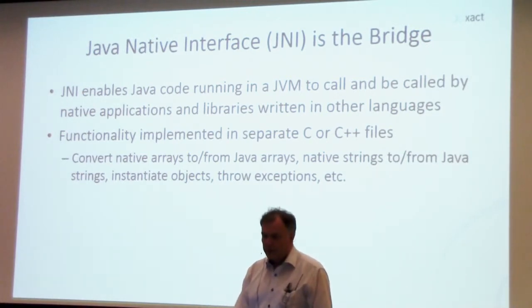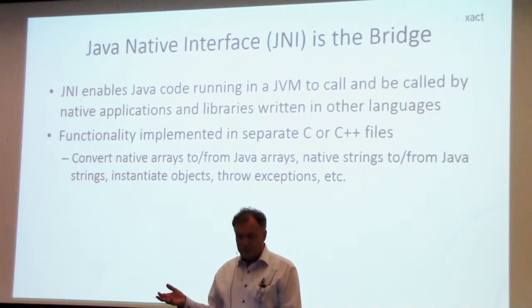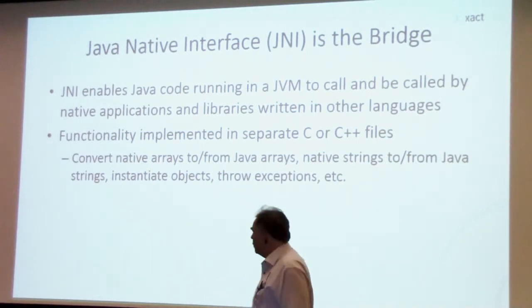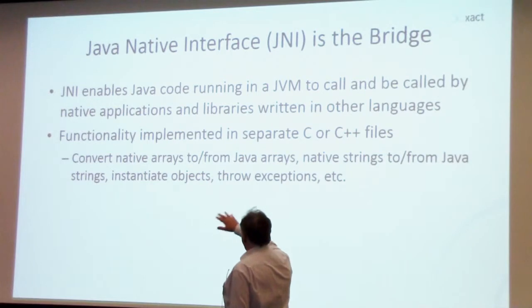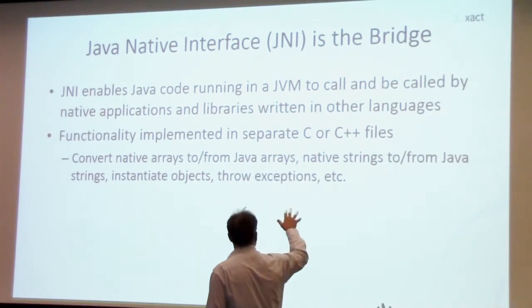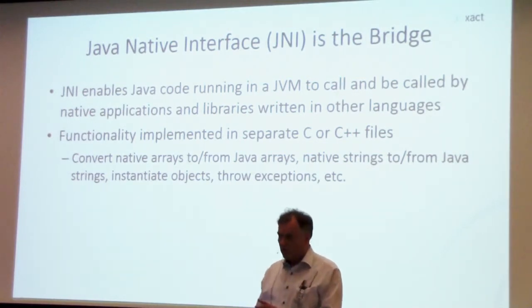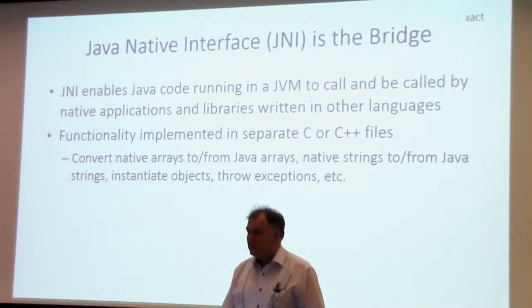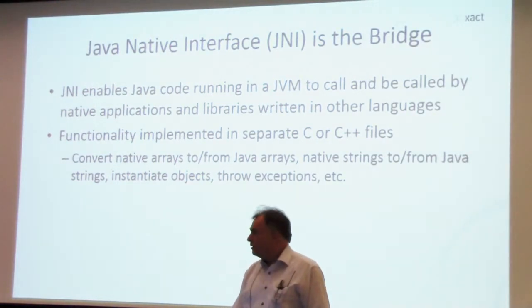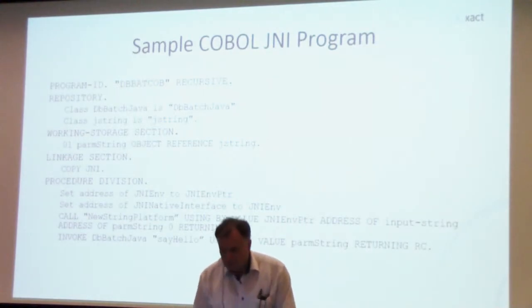But what it does is it enables Java code to call native applications, COBOL, PL/I, assembler, and libraries, and to be called by them. And also it supplies a number of native functionalities which can help you convert arrays and strings and stuff like that between our 3rd generation languages and our Java programs. This is in general very complicated, but Brian Eisner has made a tool which should make this much easier for you. I'll have a shot at it in a moment.